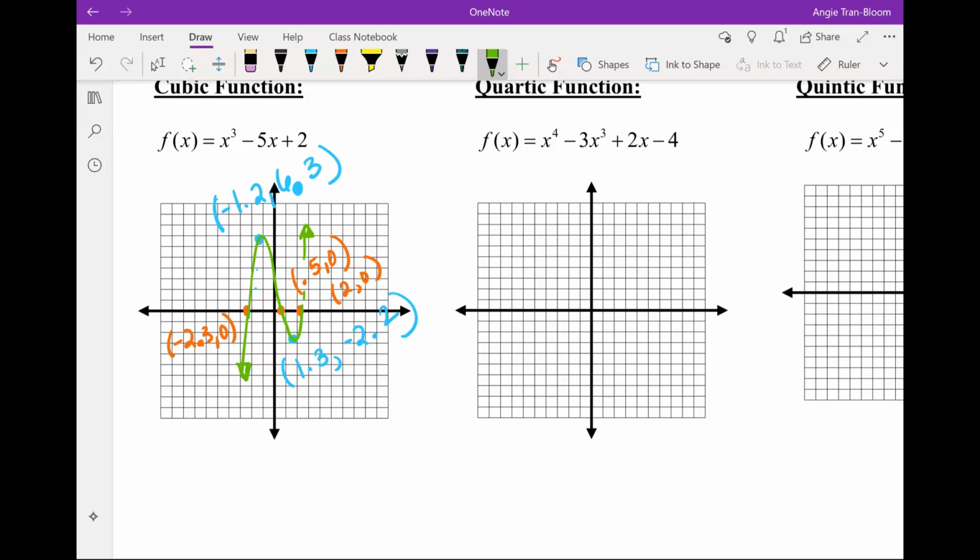You can use a calculator only for 4th degree, 5th degree. Tonight's homework, again, do it old school. Once you're done with your fourth power, can you go into fifth power? Don't forget to plot out your min and max and the x-intercepts for you to have a good sketch.